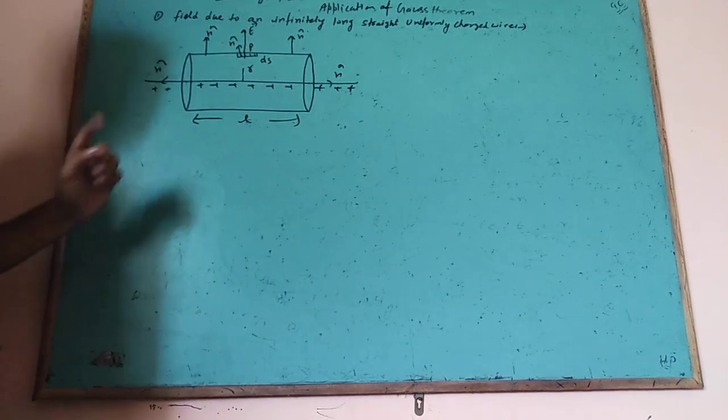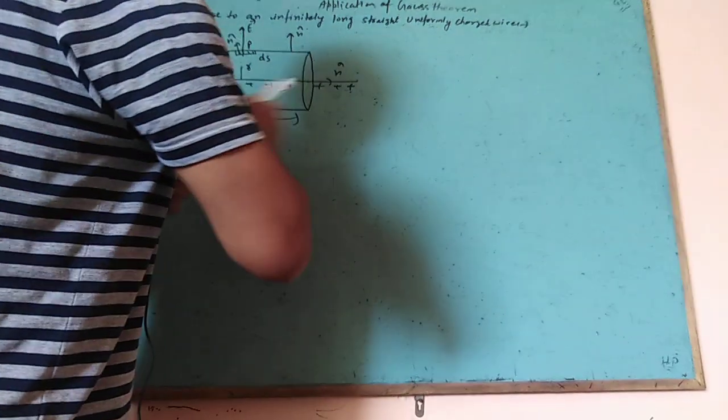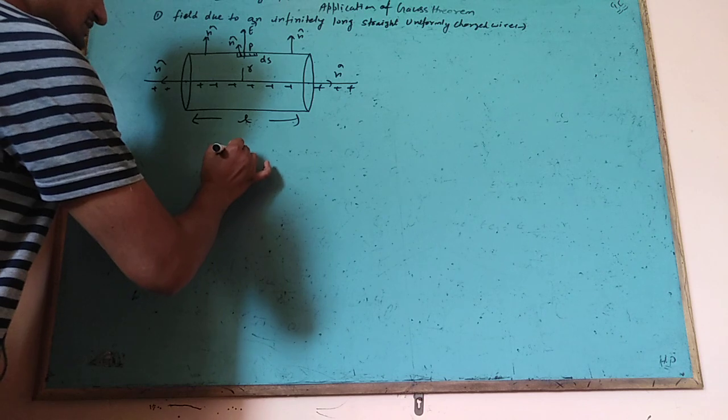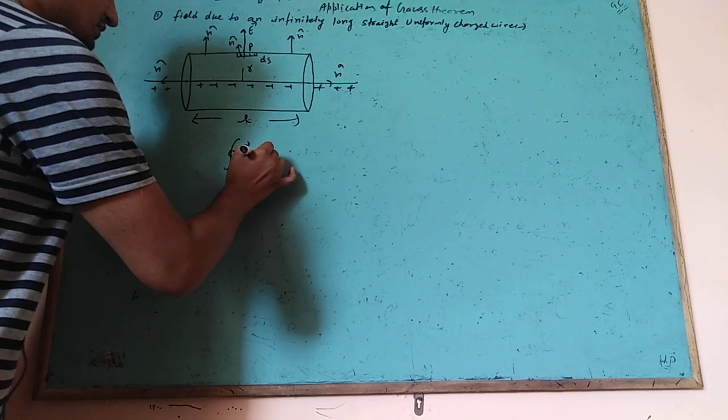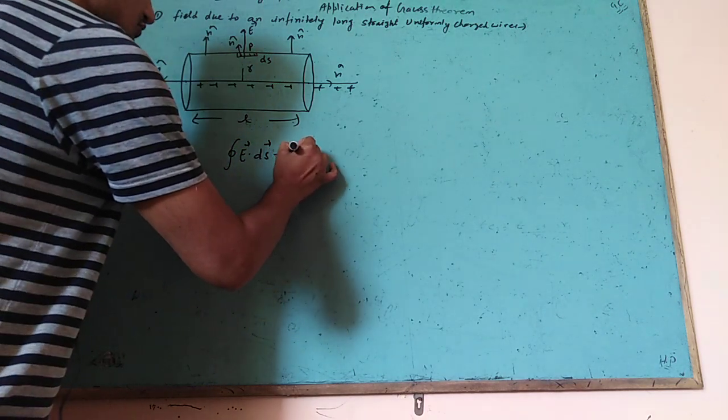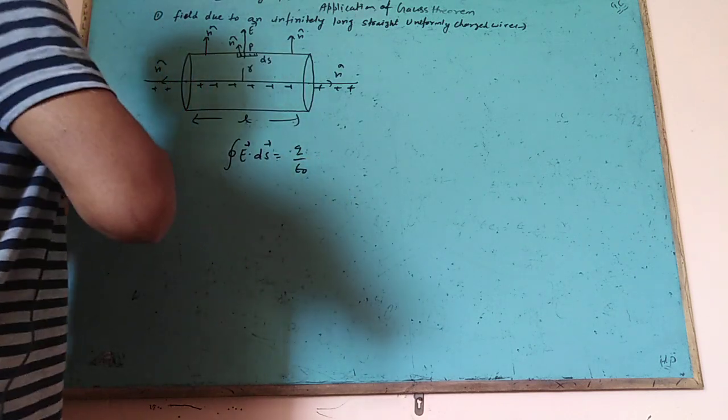Now, using the Gauss theorem on this diagram, the surface integral of E vector dot dS vector equals q upon epsilon naught.